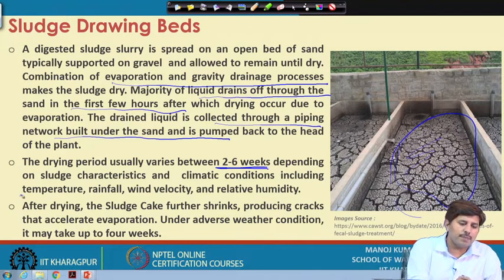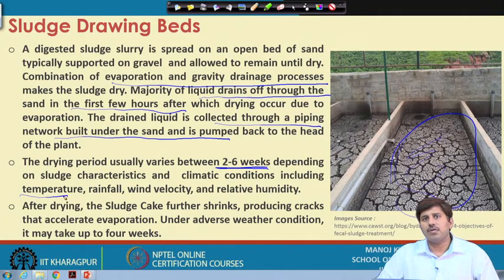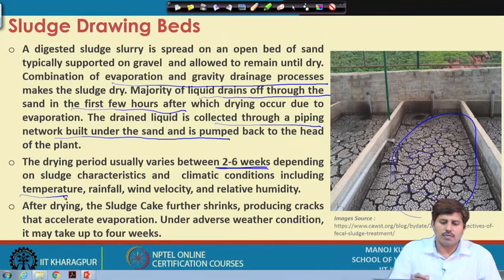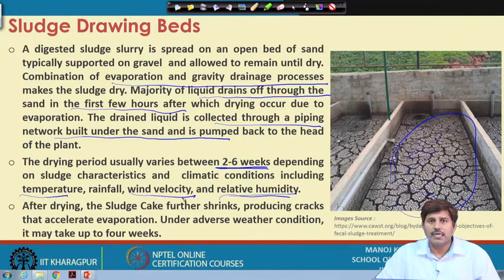Depending on the temperature, it is obvious that if you are doing it in a colder climate where temperatures are not high, it is going to take a much longer time than in a warmer climate, particularly warm arid regions where it can dry within a couple of weeks only. But in a colder climate or humid region, you have to consider the relative humidity and the wind velocity, because wind also plays a large role in drying.